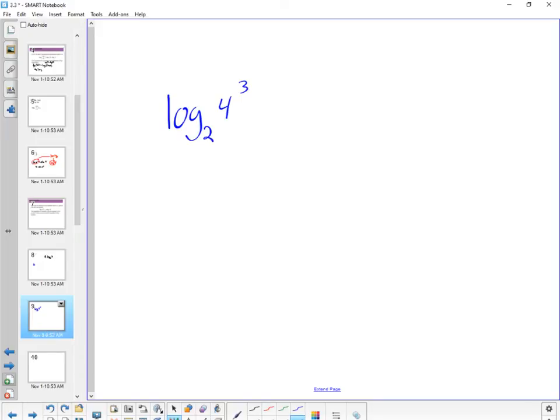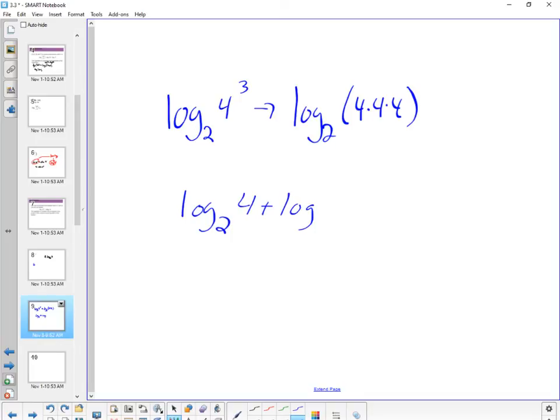Let's see, so I'm just looking at the power rule again. Here's what I'm thinking. Isn't this technically log base 2 of 4 times 4 times 4? So wouldn't that simply be log base 2 of 4 plus log base 2 of 4 plus log base 2 of 4? Because of the addition rule that we just did.